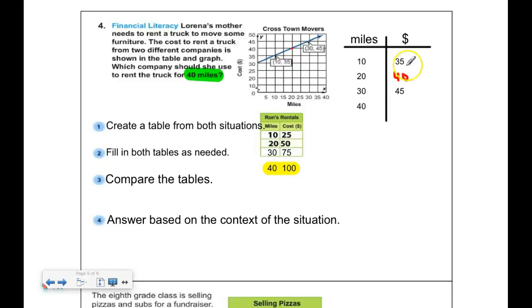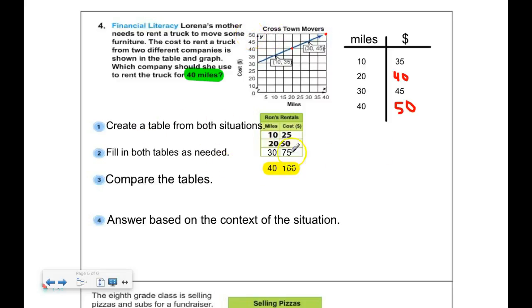Increasing by 5 each time, which means that for 40 miles, it's going to cost $50. And you can kind of see where the trend line is going here. By the time this gets to 40 miles, it looks like that's going to intersect right at $50.